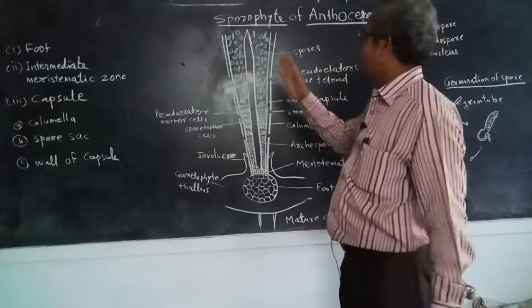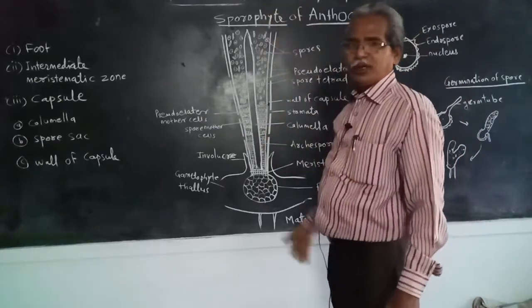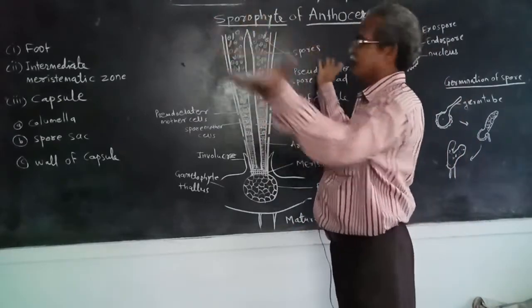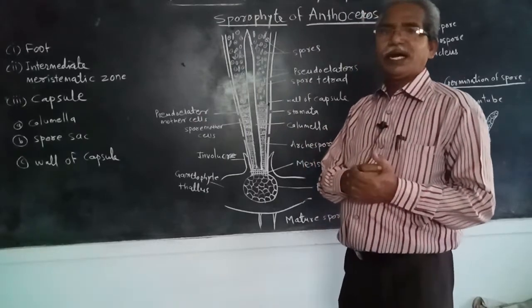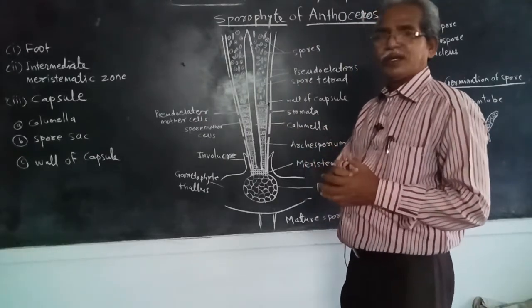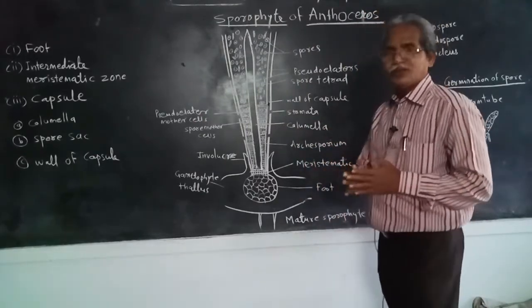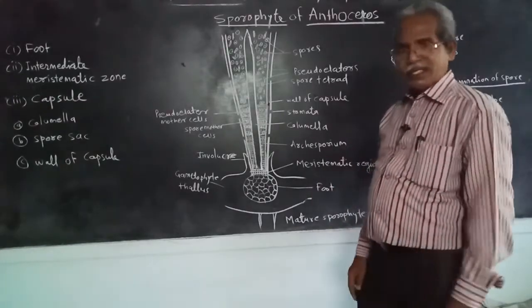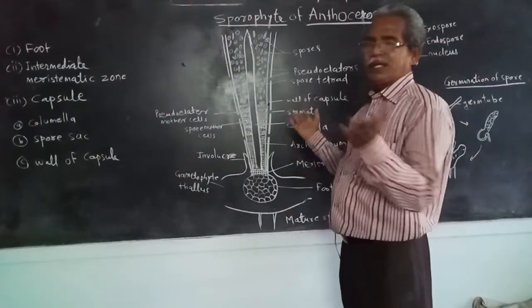That's why the capsule splits from top to bottom, and pseudo-elaters and spores get carried away by the splitting.